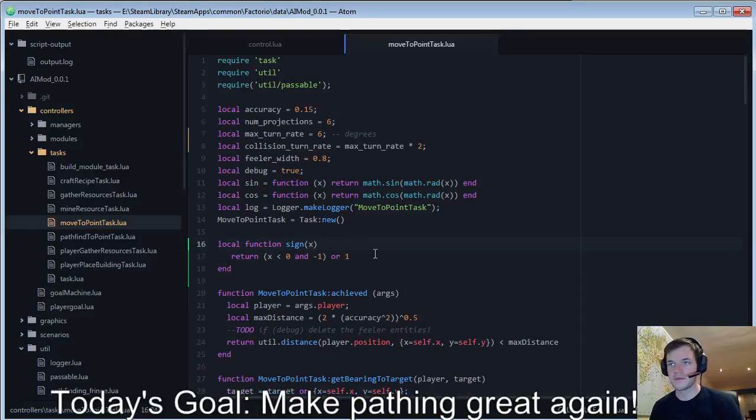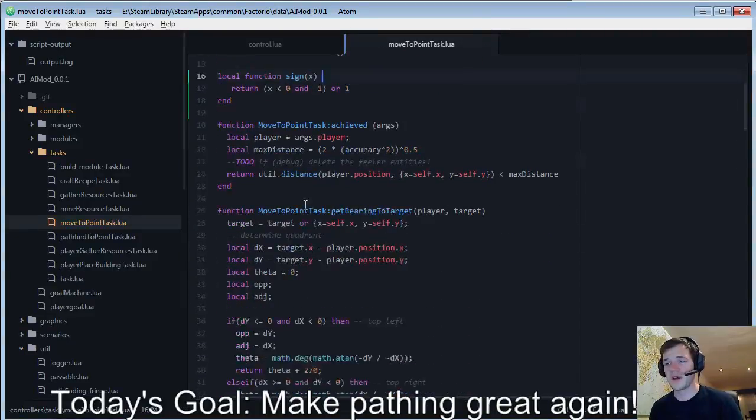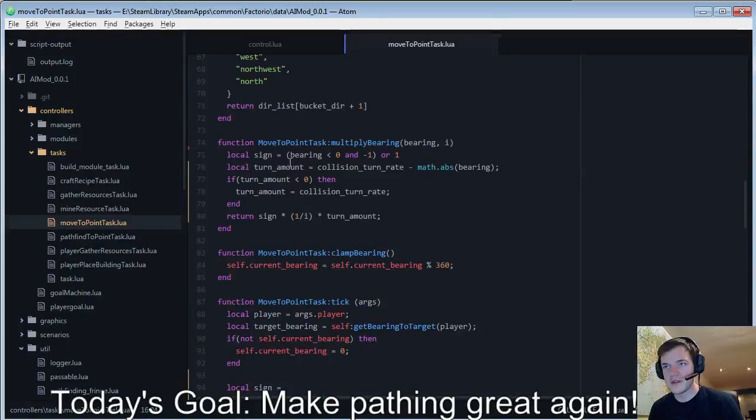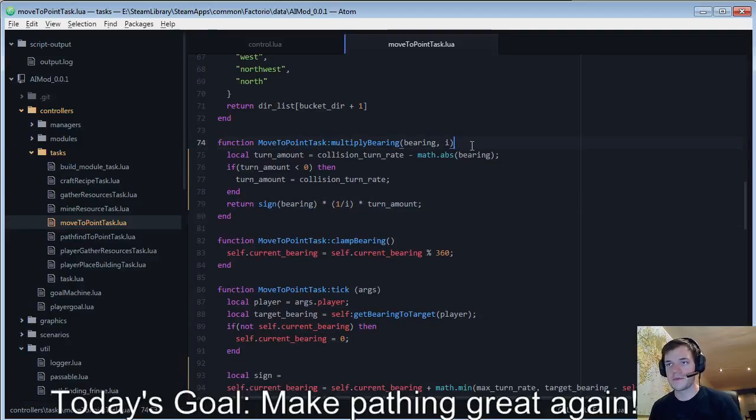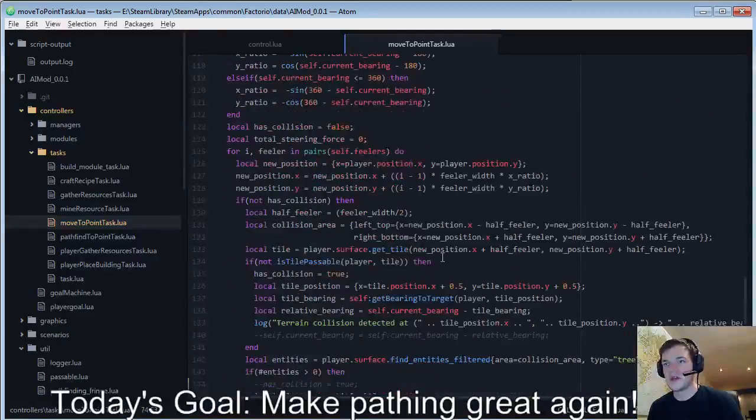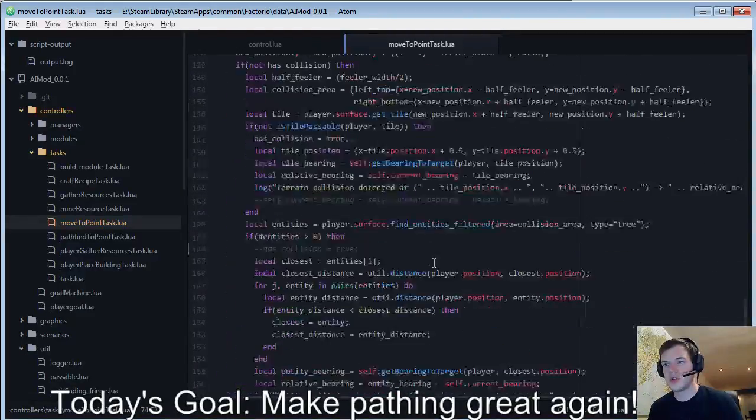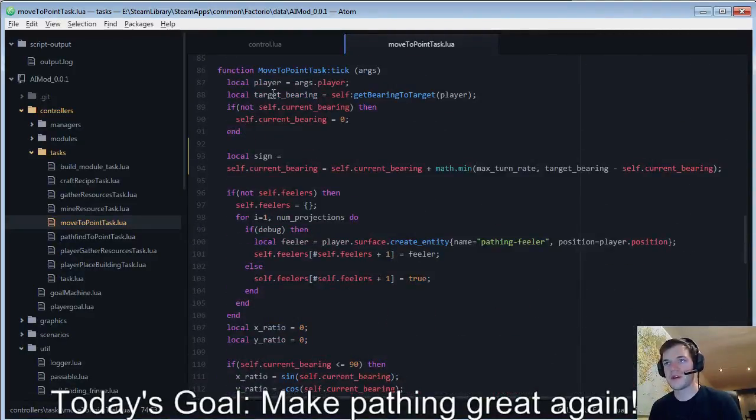Okay. It's very strange, very strange. Okay. Now this needs to be sign equals sign bearing. Come on now. And in fact, because I have a variable of the same name, that's not going to work, so how about I just put that there. Okay. Then, where was I in tick? This file's too long.